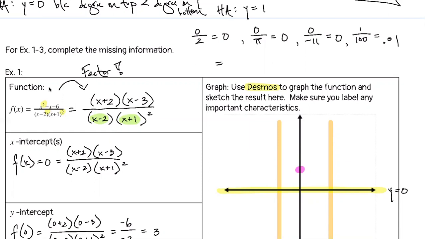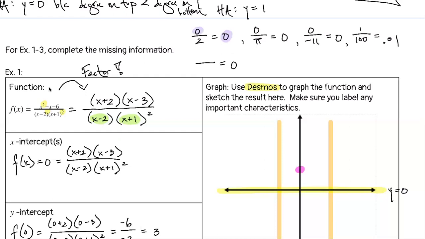So tell me this. If I have a fraction and I want that fraction to give me 0 as an answer, what needs to be true about that fraction? Yeah, if we want 0 to come out of a fraction, we want that answer to be 0.